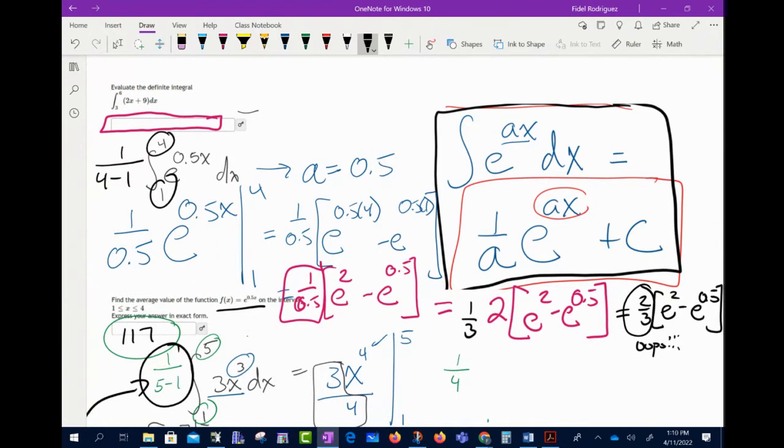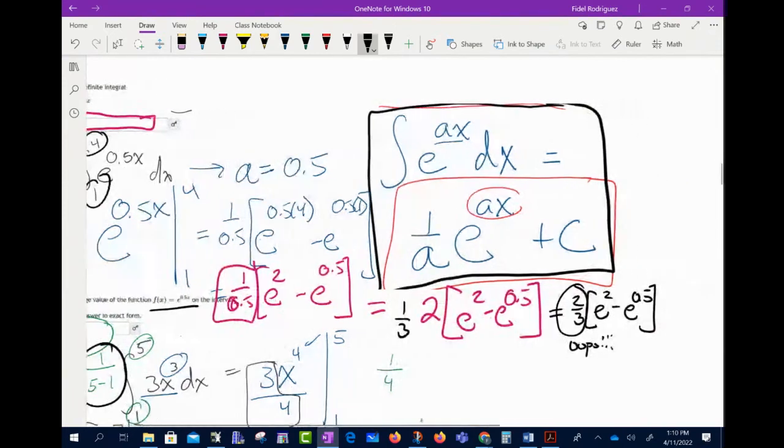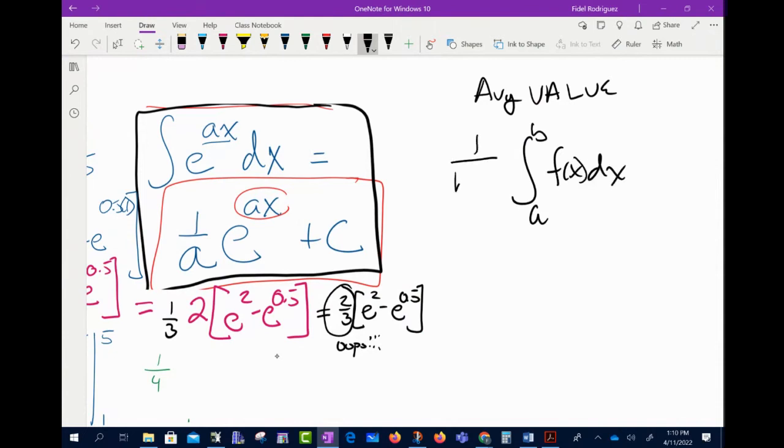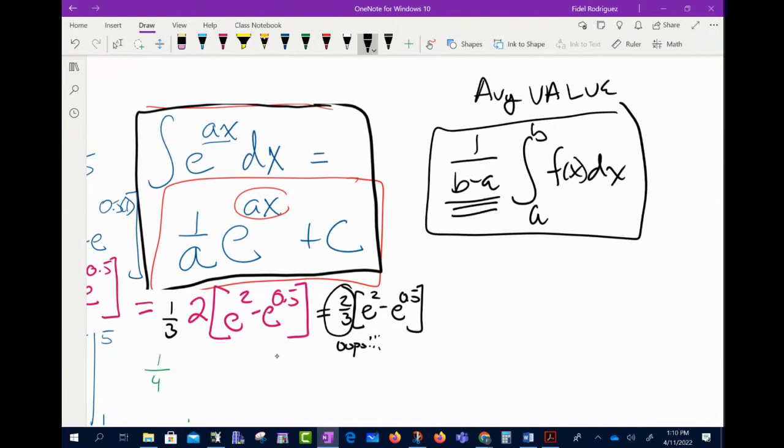So just to give you a little heads up, y'all, when you're finding the average value and you're integrating from a to b of f of x dx, the average value also has that little extra component in front, the 1 over b minus a.